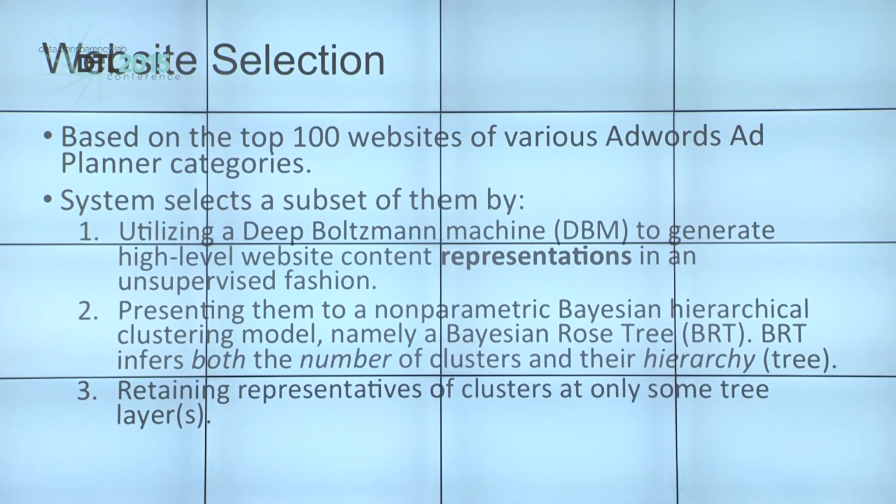Now, based on that outcome, we select a few representative clusters. Basically, we select some clusters, and only the representatives of these clusters, which are inferred from the Bayesian rose tree, are used to construct the user profiles.